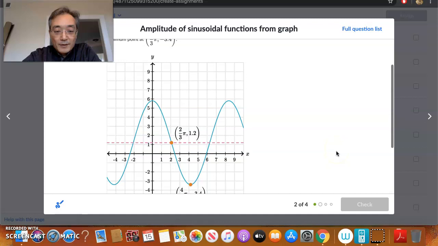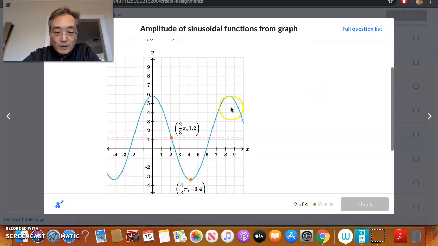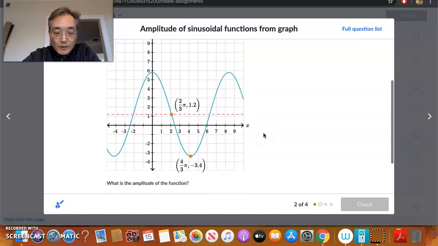Okay, let's do another one. Again, here we are given a point on the midline, right here, and we're given a minimum value. They're asking us what is the amplitude. This is even easier because they give us the midline. So it's the vertical distance from the midline to the minimum, which means we have to find the distance from 1.2 to negative 3.4.